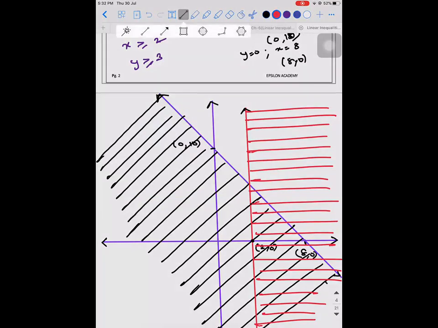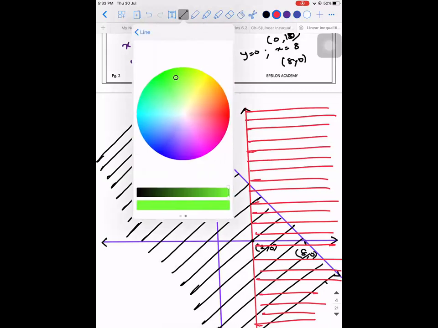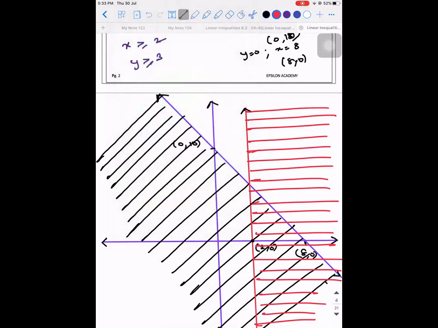Wait, let me use a different color. So y is equal to 3 represents the line which is parallel to x-axis. So this will be 0, 3. So y is greater than or equal to 3. Which part will come?